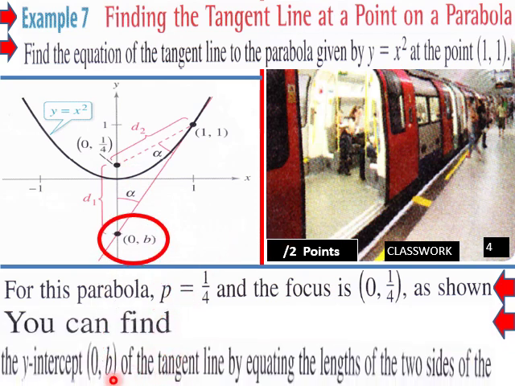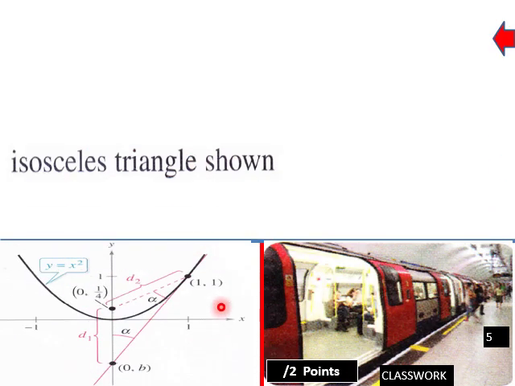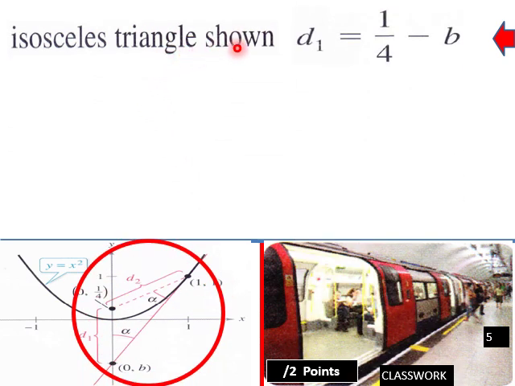You can find the y-intercept (0, b), which is down here, of the tangent line by equating the lengths of the two sides of the isosceles triangle shown. So d1 equals 1/4 minus b. This distance here is 1/4 minus b.